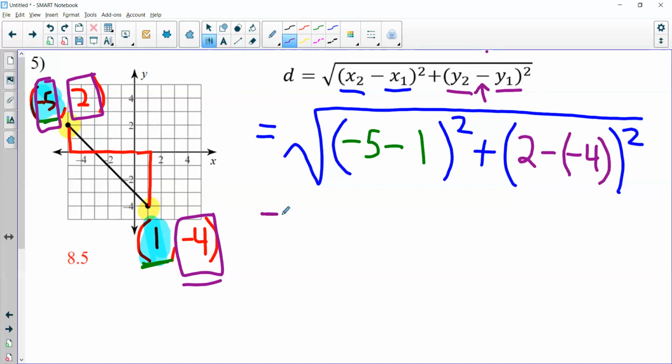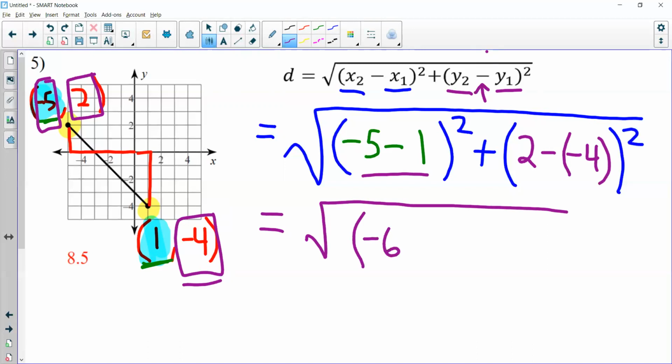Now we just simplify. So this gives me -5 minus 1 is -6, squared, plus 2 minus -4 is the same as 2 plus 4, which of course is 6 squared.